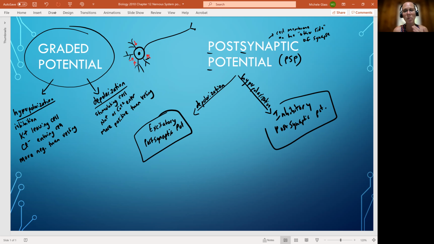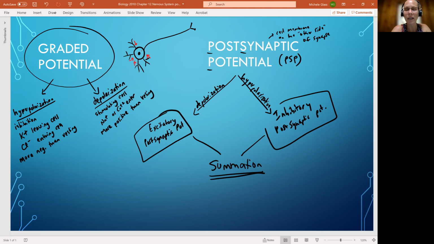The inhibitory postsynaptic potential can be abbreviated IPSP for inhibition. And the thing is that these two add together. If you're getting a combination of excitatory and inhibitory signals, maybe it takes a longer period of time for you to get to threshold. If you're getting all excitatory signals, you get to threshold really fast.